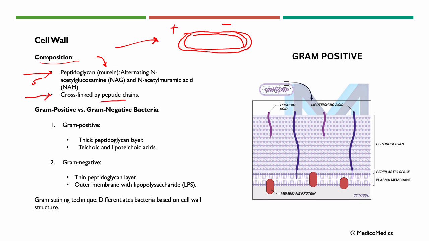All right? Short peptide chains. And it's these structures that make it both strong and flexible, allowing the cell wall to resist, for example, osmotic pressure while still being somewhat adaptable.